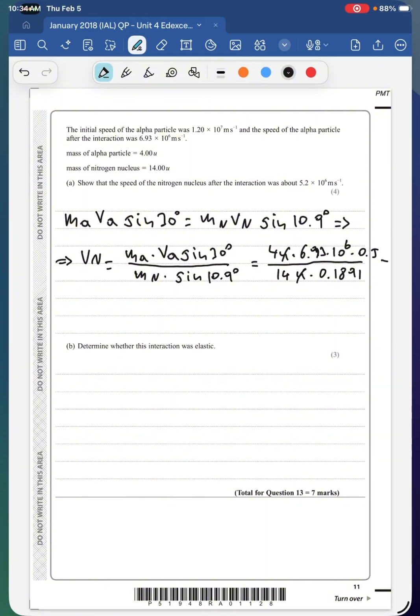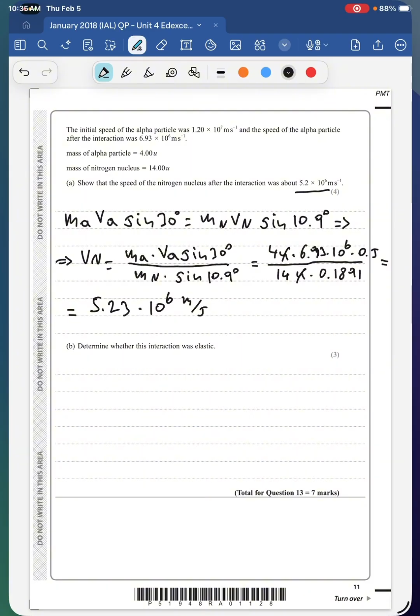So u cancels, and we find, I told you my handwriting is going to take a toll in the arrangement I'm using today, 5.23 times 10 to the 6 meters per second. They ask for 5.2, so yeah, we got it.